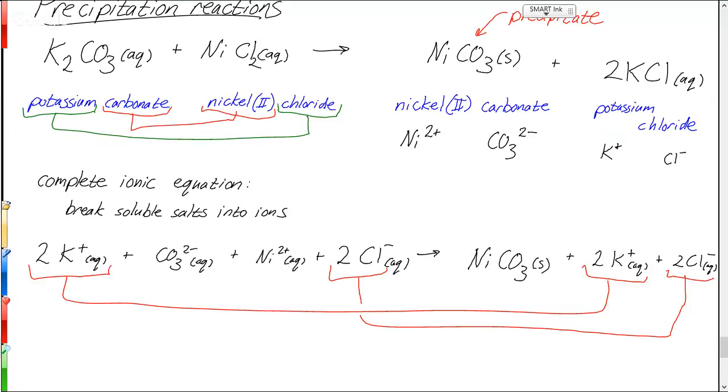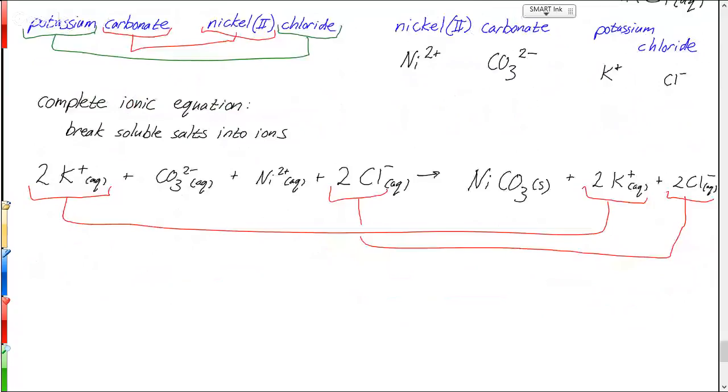Yeah, they kind of cancel out. It means nothing's happening to them. Nothing's changing. They're staying the same. They're not really participating in the reaction. They're just still there. So these ions are not participating in the reaction, and we call those spectator ions.